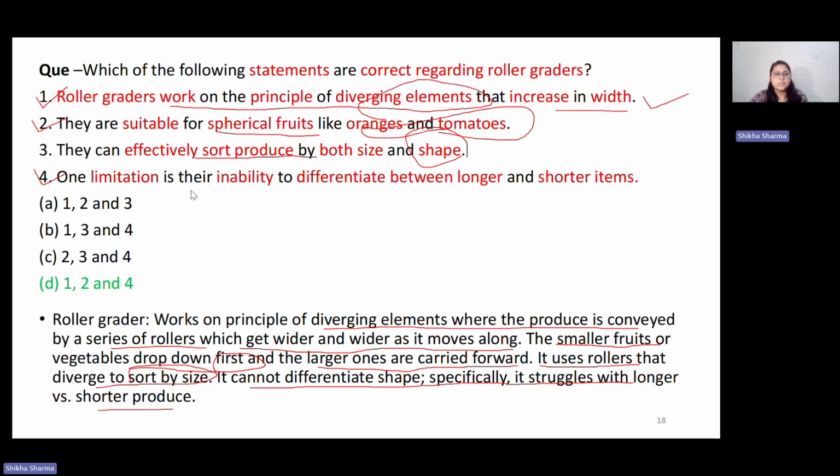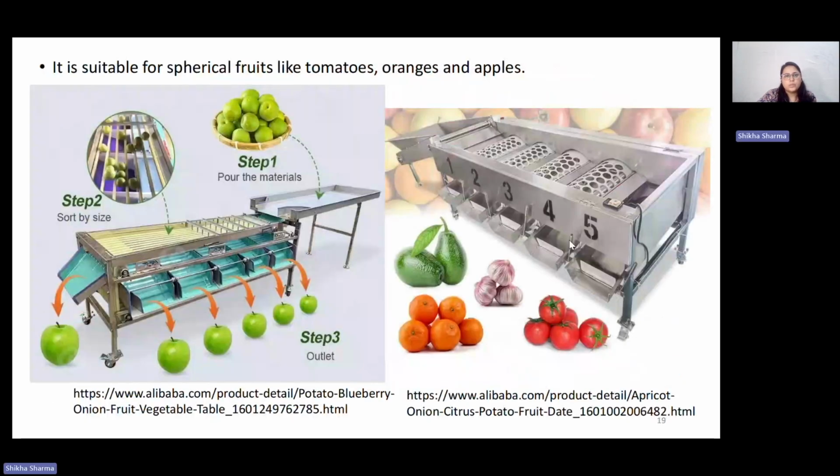Its limitation is correct: it cannot differentiate between shorter and longer items. So roller graders are suitable for spherical fruits like tomatoes, oranges, and apples.